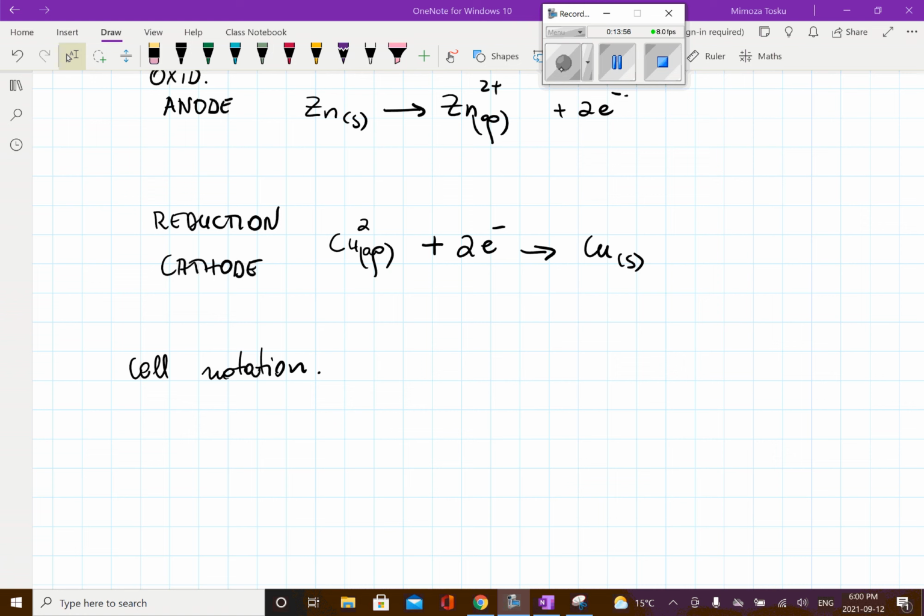We always start from the left with the oxidation half cell, and then we move to the reduction.